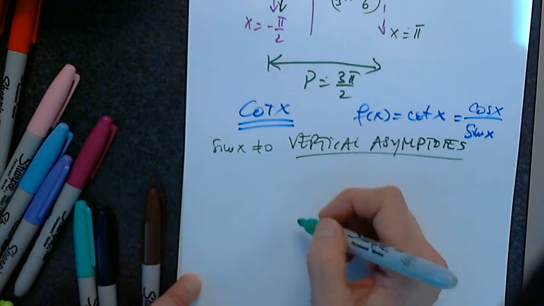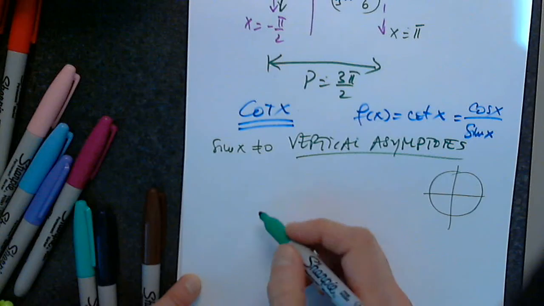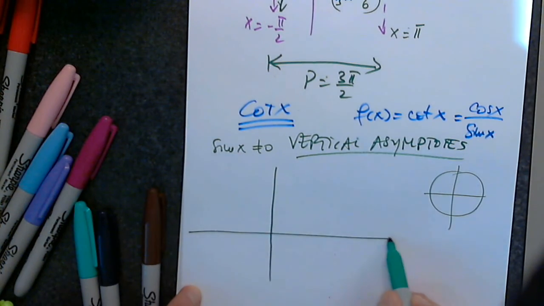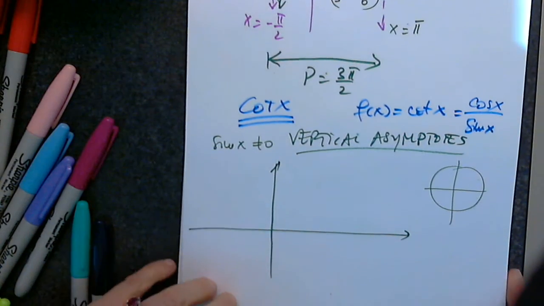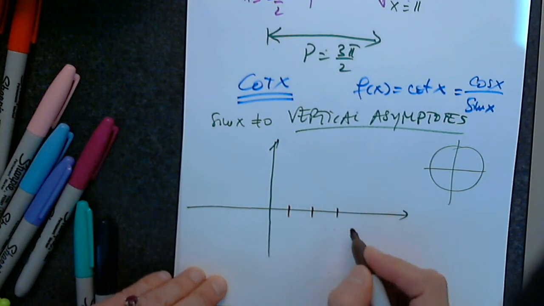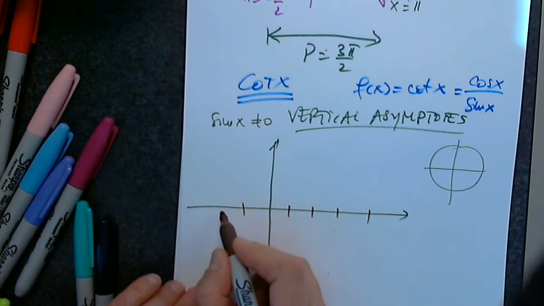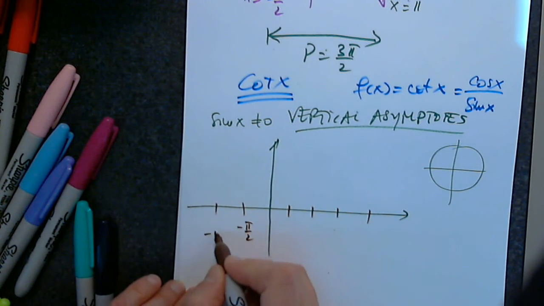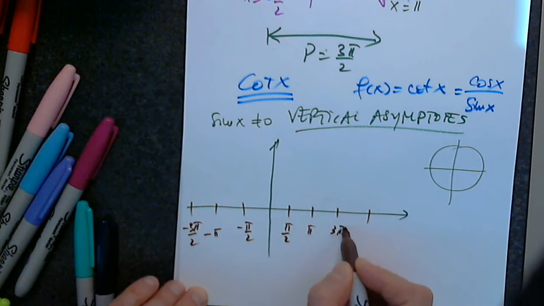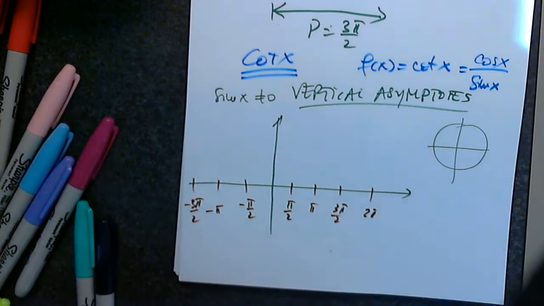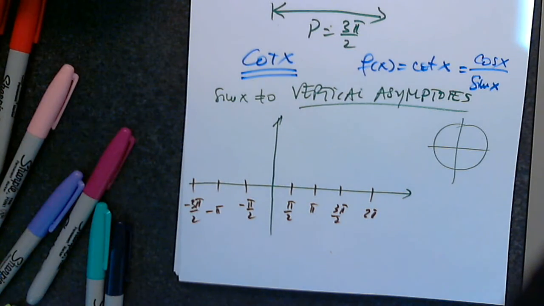Good. So now let's look at the unit circle and try to graph cotangent like we did with all the other ones. Pi over 2, pi, 3 pi over 2, 2 pi, negative pi over 2, negative pi, negative 3 pi over 2. Very good. So, first of all, where is sine 0? Remember, sine is measured on the y-axis.